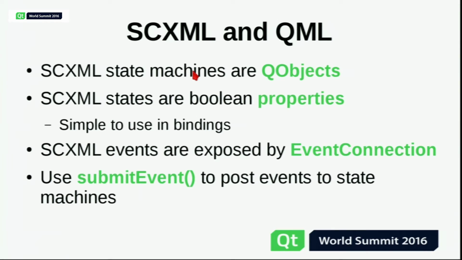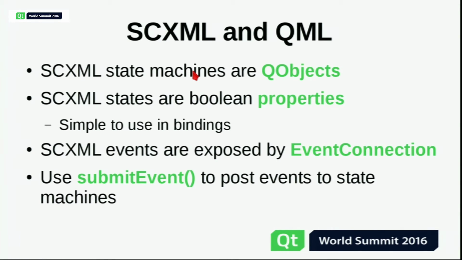All the properties on the state machine will just be properties in QML, and you can bind to them. All the states are notified via the signals that we've just seen. You can bind to the states as Boolean properties and, for example, set the visible attribute based on the state.